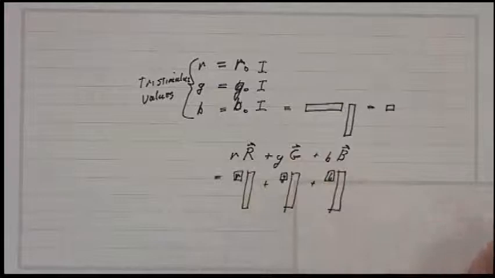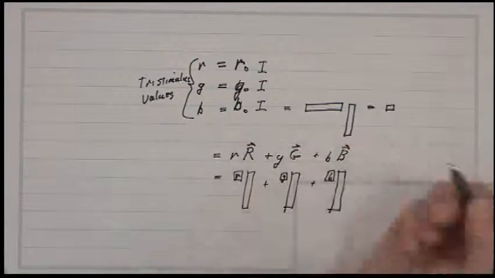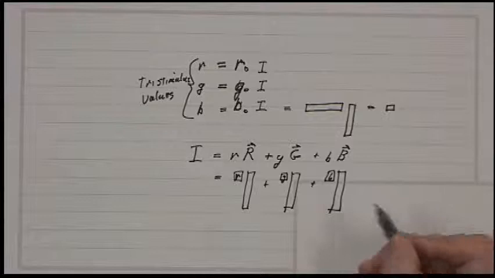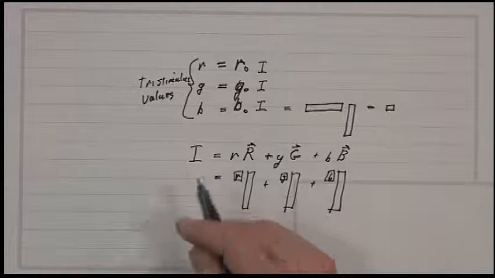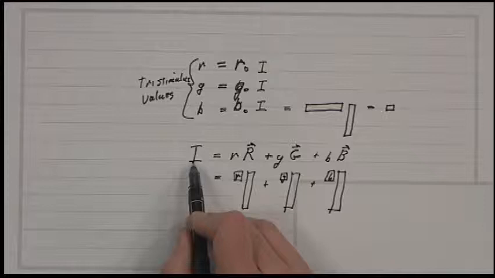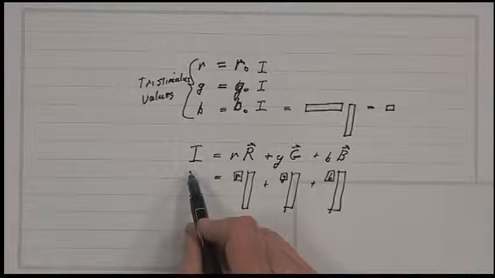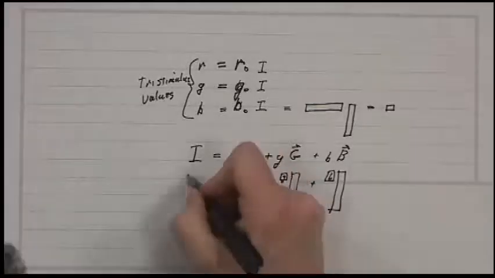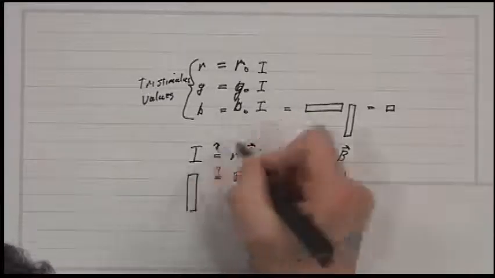So what I get out here is also a column vector, okay? And what I'd like to say is that this equals I, okay? So by equals, I mean that the colors are the same. There's only one problem, which is they're not equal. So they're equal in the sense that this color will look like that color, but they're not equal in the sense that the vectors of 31 components will not be equal. So I'll put a question mark here, because they're sort of equal, but they're not equal.